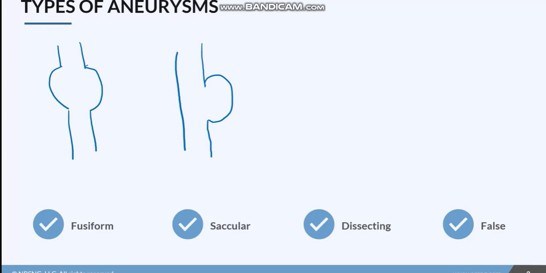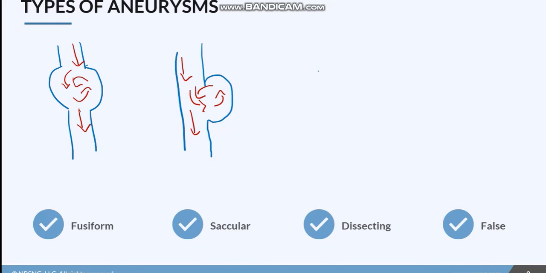So the problem comes in when we start to see blood flowing through these under high pressure. And so when it gets to this outpouching, it starts to whip around within that outpouching, and it causes turbulence and high velocity flow in that area. So of course, higher velocity flow means more pressures within that area.